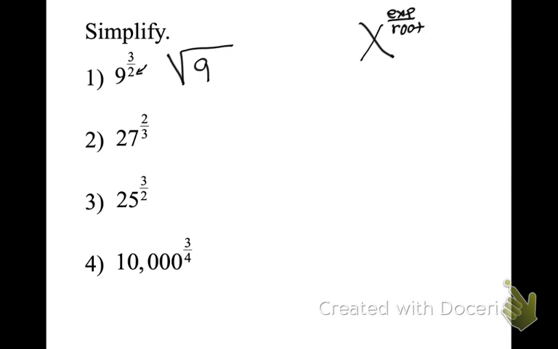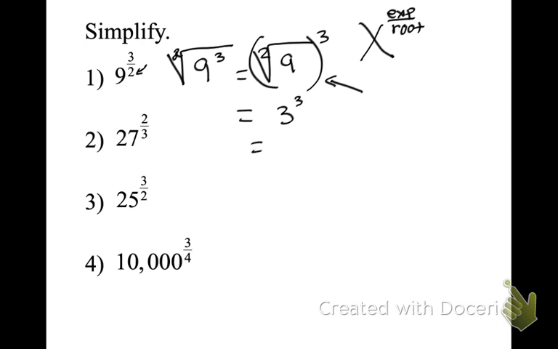And there's the base. So it's 9, it's a square root, and it's going to be cubed. I can write it like that, or I can write it like this. This is my preferred way, because I take the square root, which is 3, and then I cube it, which is 27.